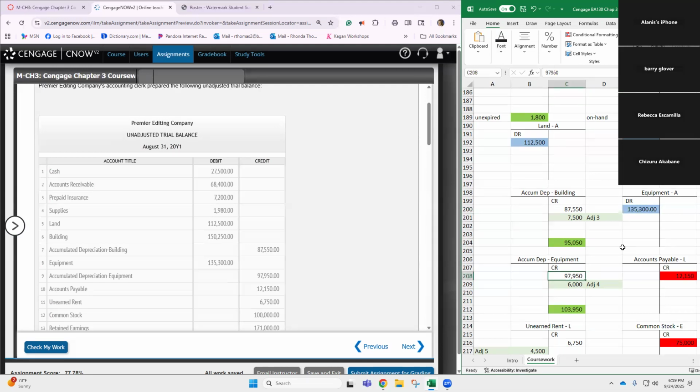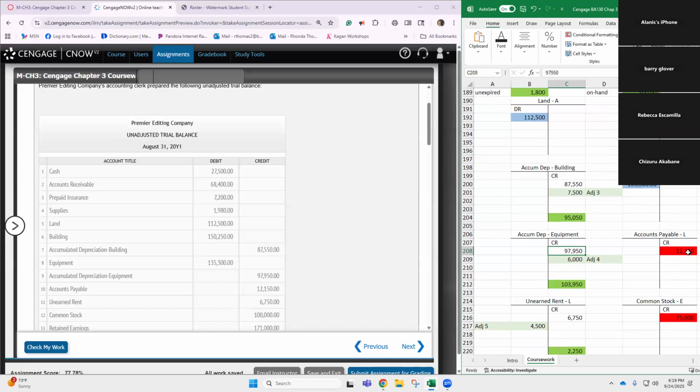Its accumulated depreciation should be $97,950. Accounts payable has $12,150 in it. We are not going to adjust it. Now, there might be a reason to adjust it, but in this problem, we're not going to.